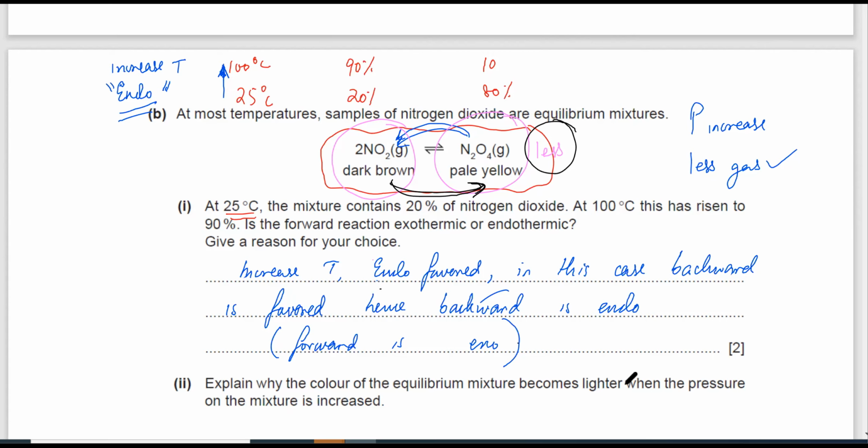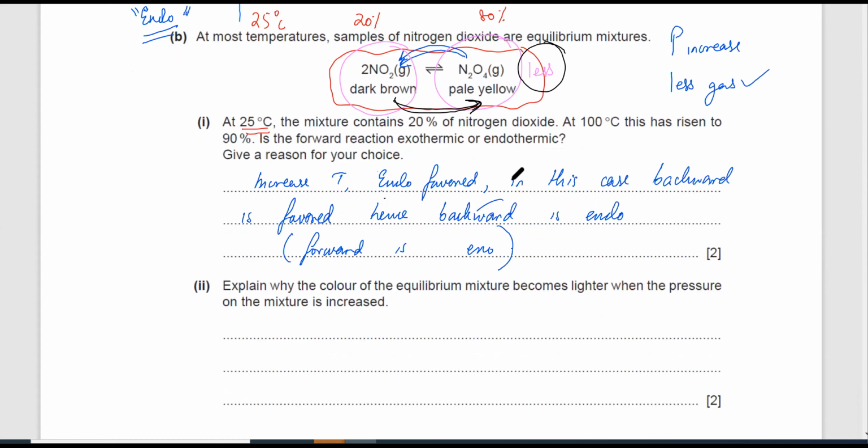So why does it become lighter? Because if N2O4 is more, N2O4 is paler in color. So the dark brown NO2 would get converted into pale yellow N2O4, and that's what you're going to write. If you increase pressure, the side with fewer gas moles is favored.